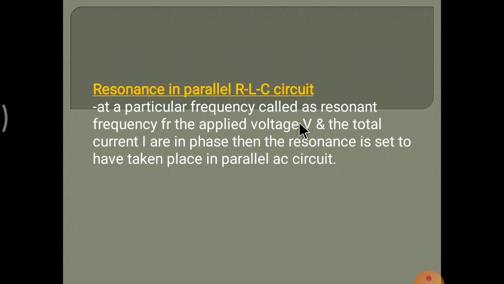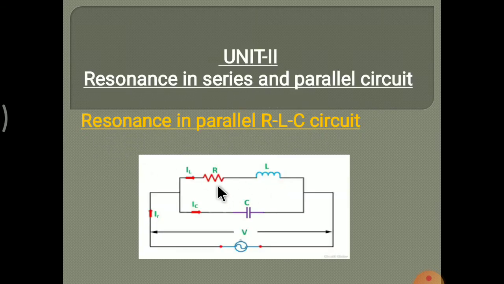We can see here, this is branch 1, R and L connected in series. Then the current through branch 1 is the inductive current denoted by IL. Branch 2 consists of a single capacitor having reactance XC. The current through branch 2 is the capacitive current denoted by IC.